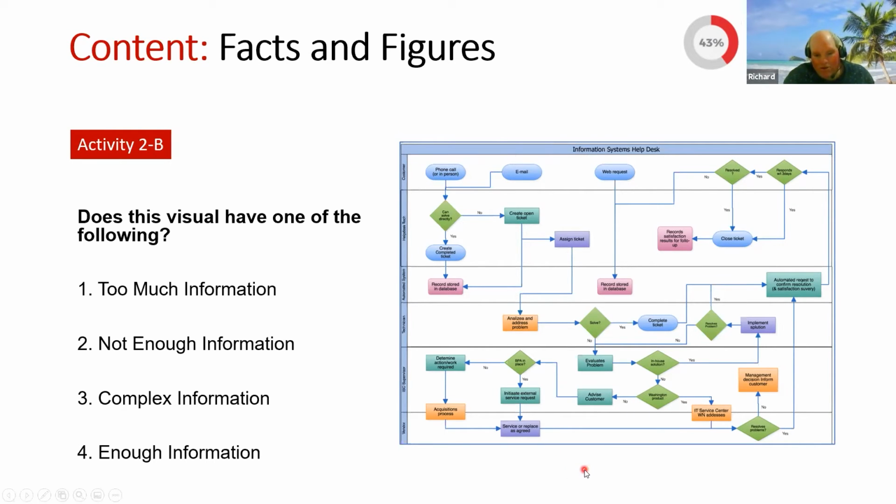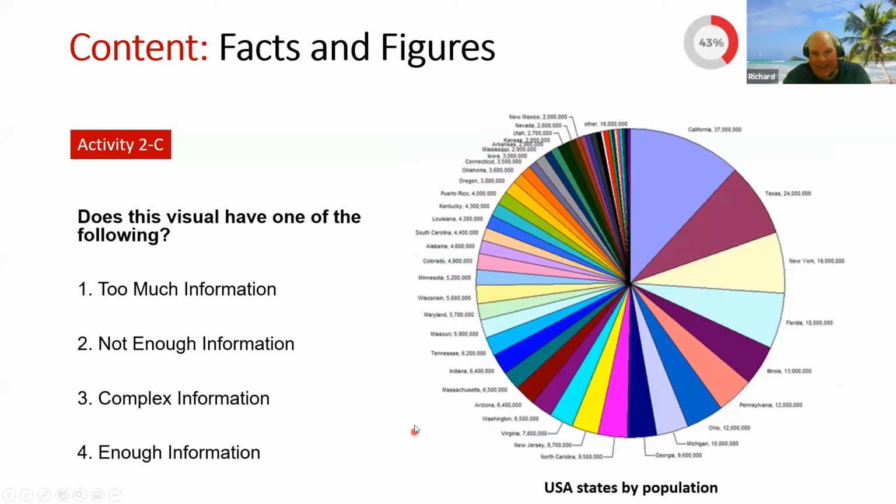Okay, good job, everyone. Moving on to the next one. Whoa, look at that. USA states by population. That looks fantastic. Definitely too much information. In fact, look at it over here. You've got some that are actually overlapping, which does not look good at all.